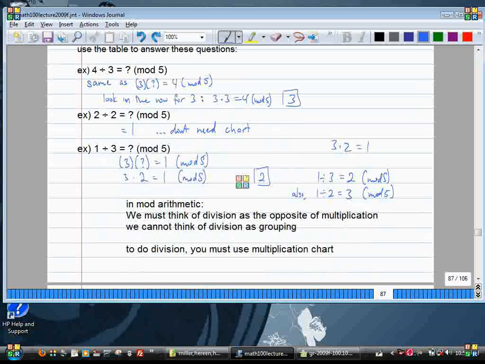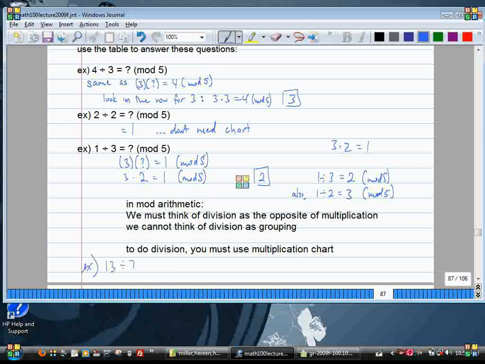Too many things go into it. 13. 13 divided by 6. What do you have to do? How many times does 6 go into 13? No. Not in mod arithmetic. What do you have to do?